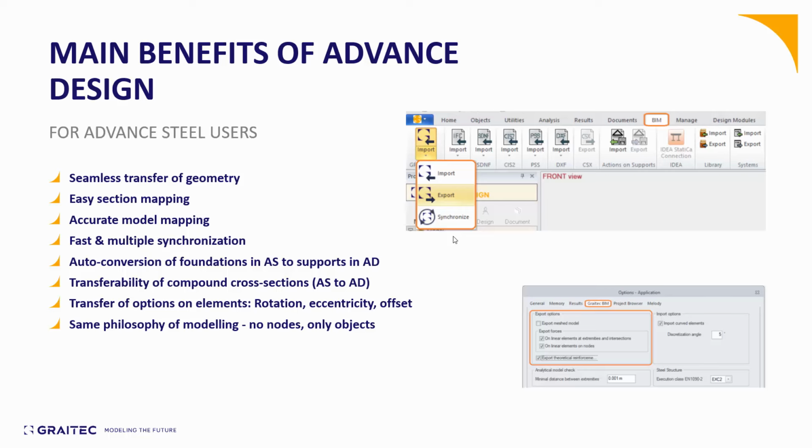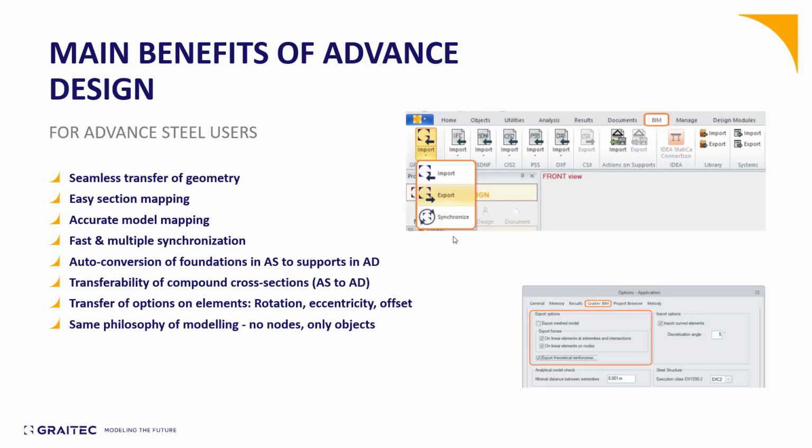All of the foundations that you have modeled in Advanced Steel will be modeled in Advanced Design automatically as supports. You can also transfer compound cross sections from Advanced Steel to Advanced Design. Other properties of the elements will also be automatically transferred, again thanks to the GTCX format and its flexibility.